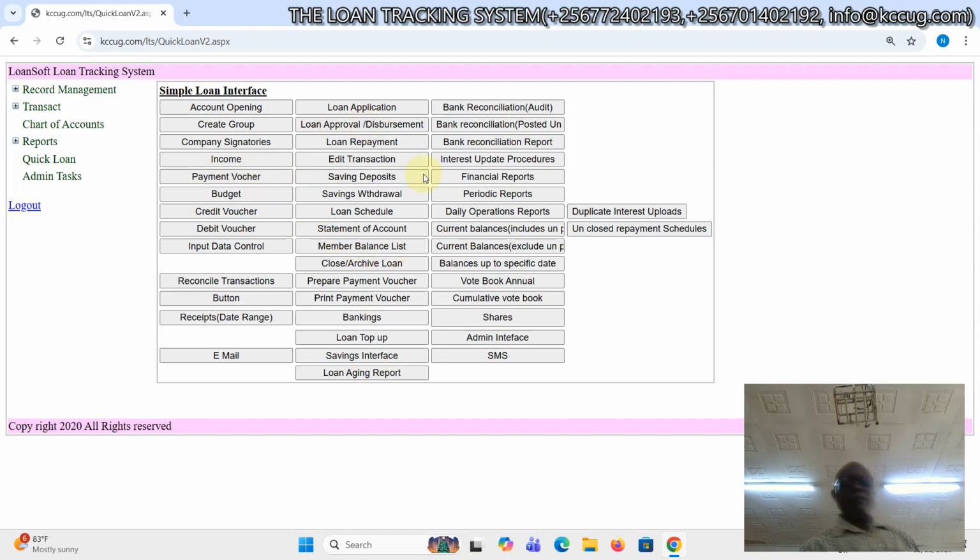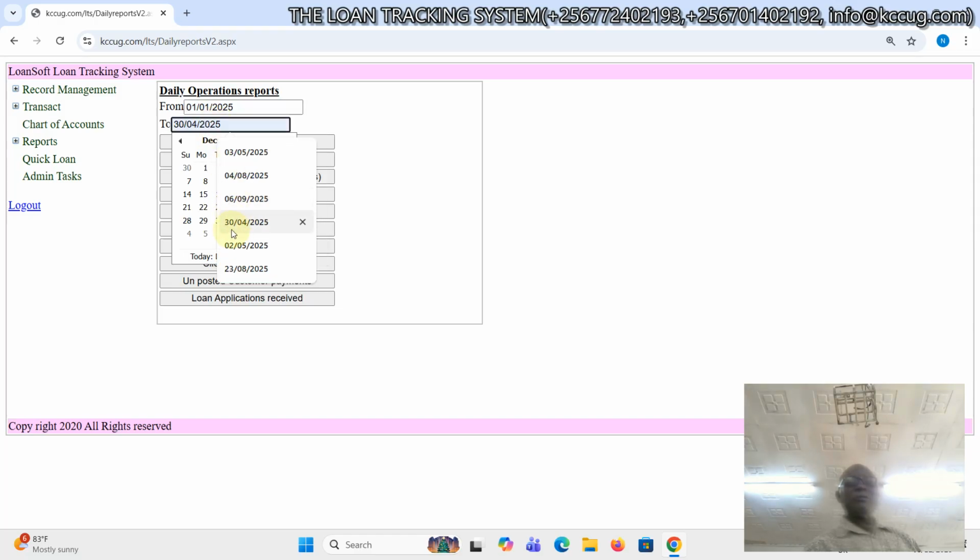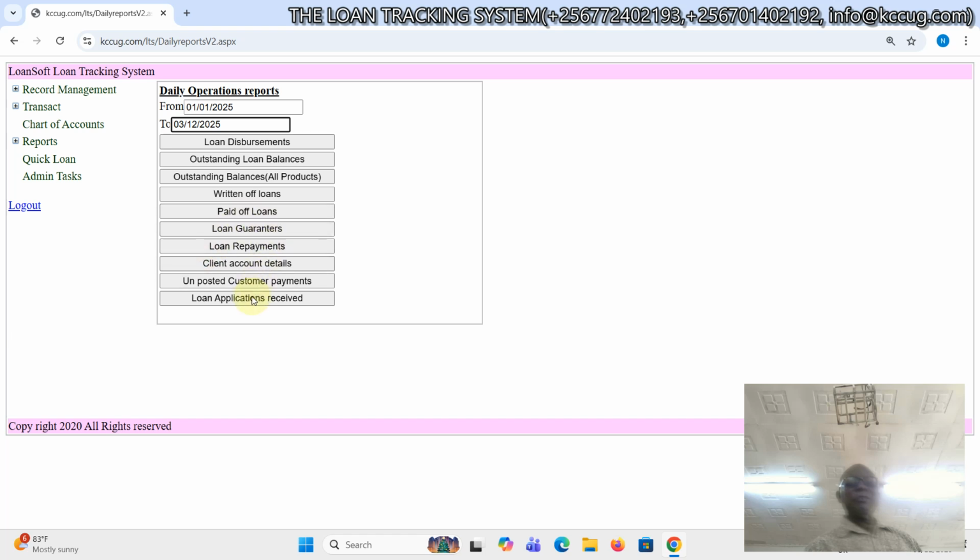Let us look at some of these that are outstanding. Financial reports, daily reports, comparison reports, summary, okay, outstanding.